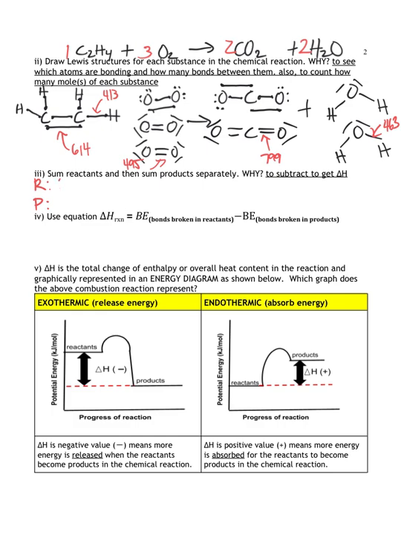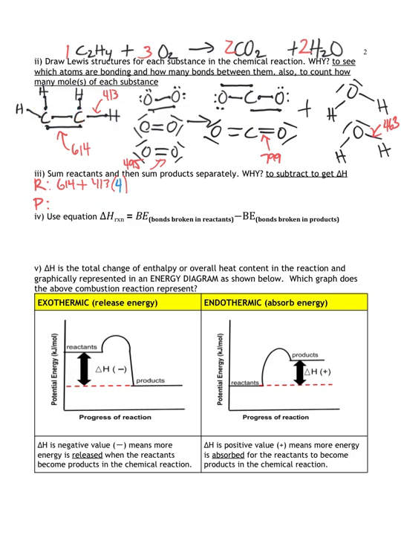Reactants, I have 614. I'm going to add 413, and I'm going to multiply that, and I'll put my multiplier in a different color, times 4, because there's 4 of them. 1, 2, 3, 4. Them being 4 carbon hydrogens, so there's 4.